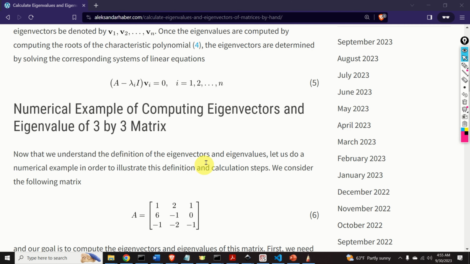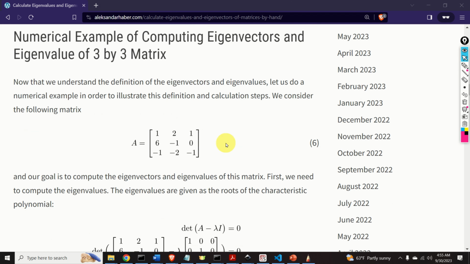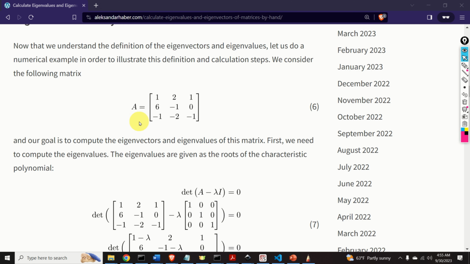Let us now solve a numerical problem. That is, let's compute eigenvectors and eigenvalues of a 3 by 3 matrix shown over here. The eigenvalues are given as the roots of the characteristic polynomial, so let's form the characteristic polynomial.